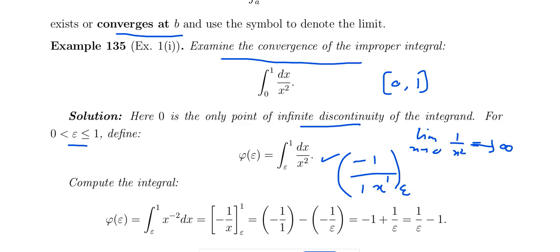With limits epsilon to 1: the upper limit gives minus 1 by 1, and the lower limit gives minus 1 by epsilon. So minus 1 plus 1 by epsilon, that is 1 by epsilon minus 1.